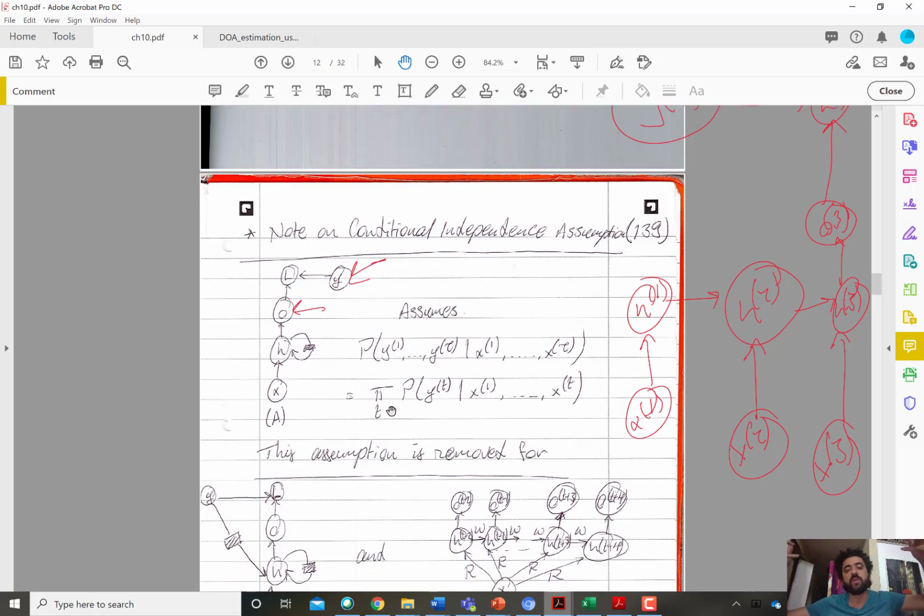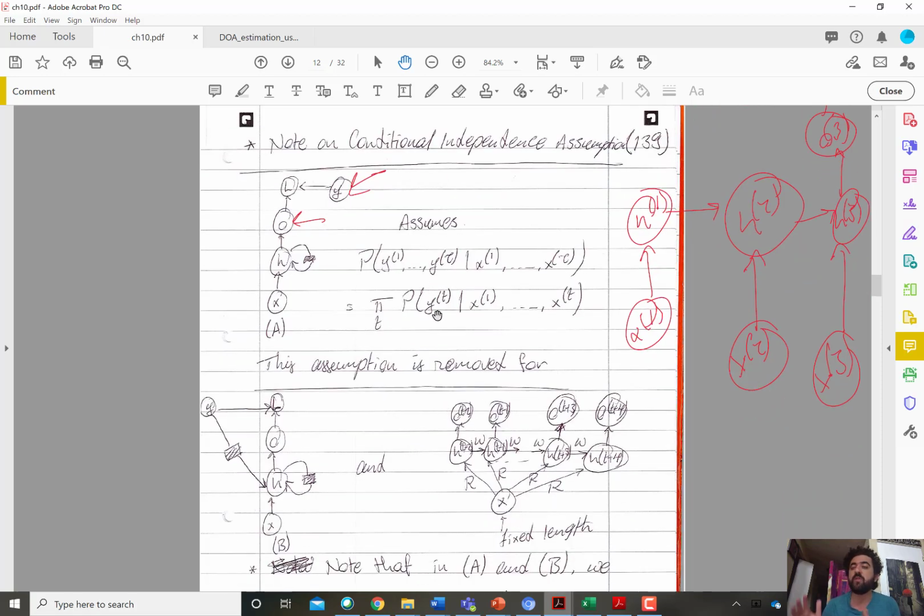So whenever we have a joint probability that decomposes into a multiplication of individual probability distributions, we say that we have a conditional independence of the target labels, of the outputs, the y of t's, given the inputs. Not only that, every y of t depends only on the current and previous values.